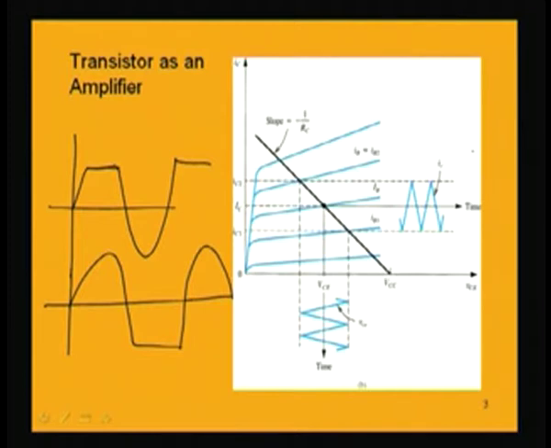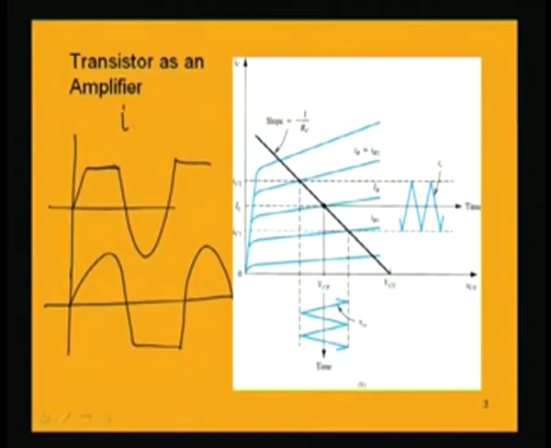In order that this does not happen, we must be careful to apply a small enough signal at the input. If a small signal is applied at the input, then we can ensure that the transistor is in the active region of operation. That is what it should be for amplification.